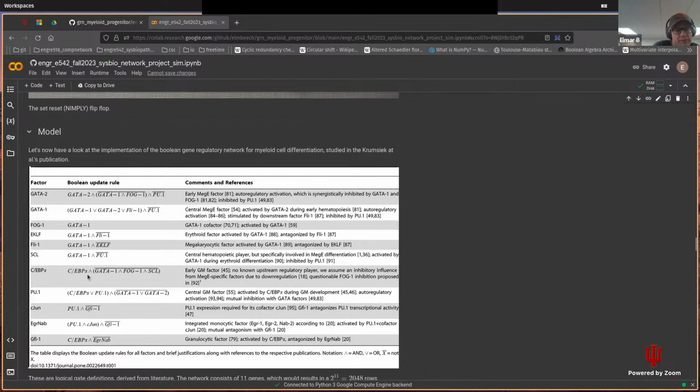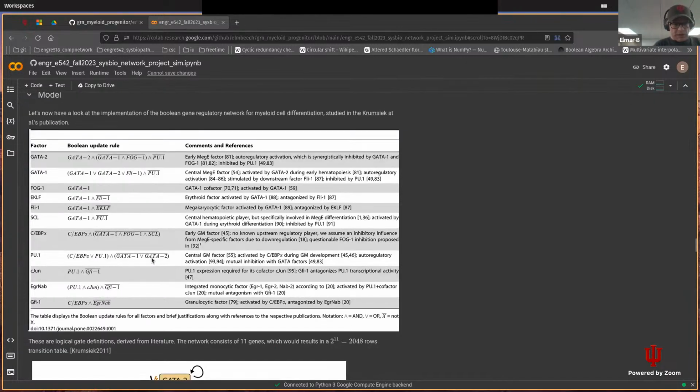So we have CEBP alpha and not, and then this is a whole other expression that is under the hood, but in the end, it's just an AND. So it's got the FLI1 and FOG1 and SCL, and we take the invert of that. And so on the big top view, this is a non-implication gate as well.